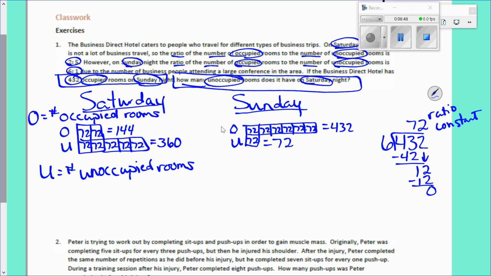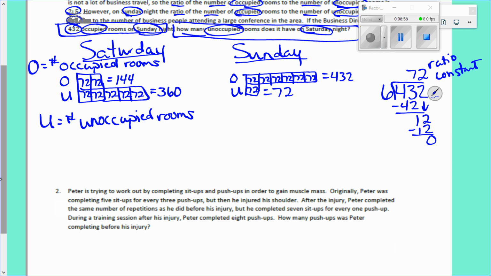So what was our question? Asena? So what's the answer? Good. So we do that in a full sentence since we're dealing in word problems.